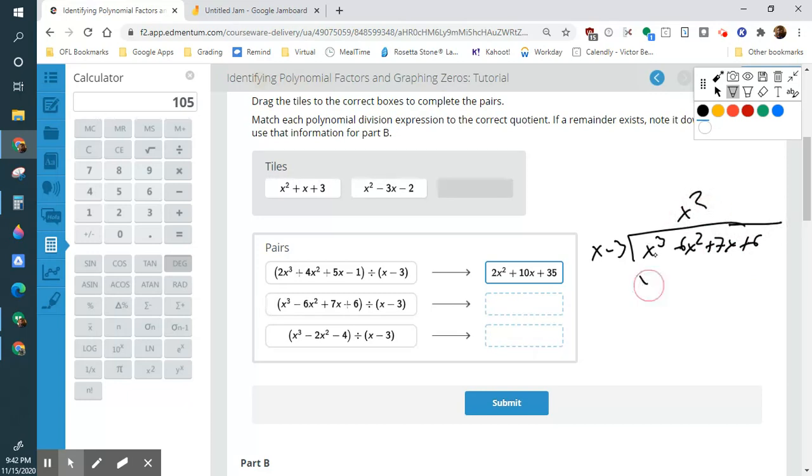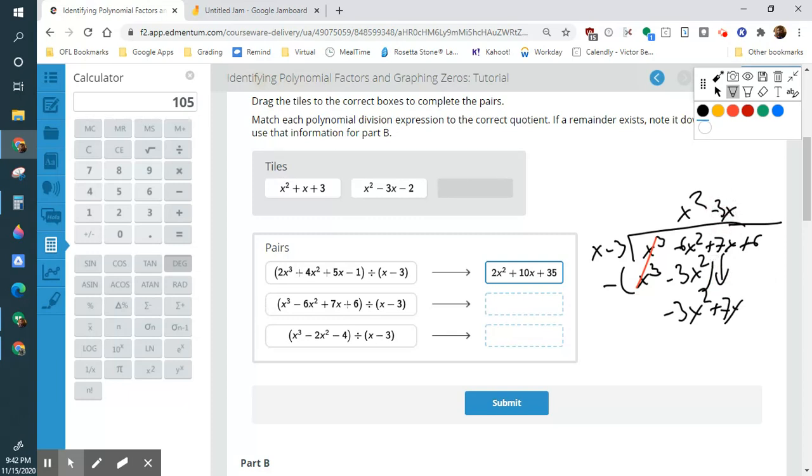X squared would make this x cubed minus x squared. Turns this into a plus. So negative 6 plus 3. First, I'm going to cancel these out. Negative 6 plus 3 is negative 3x squared. Bring down the plus 7x. We're going to multiply this by negative 3x.